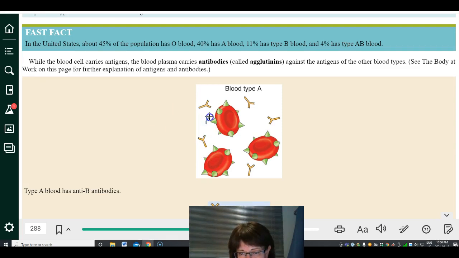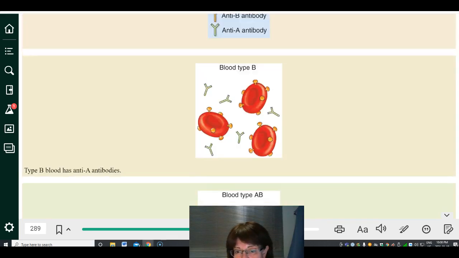So these little hats are A, and the B antibody. Okay? So they won't attack each other because they're fine. Good. Then, if we continue to B blood, it has the B antigen and the A antibody.